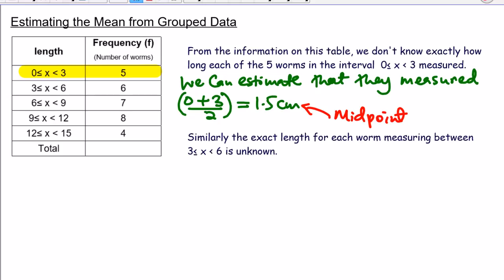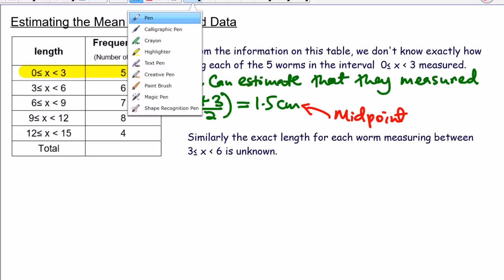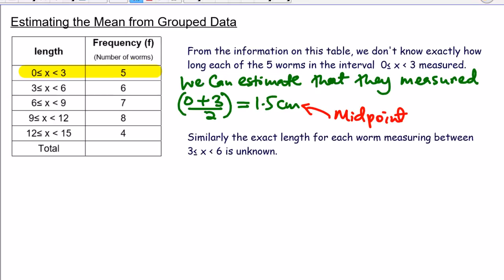Similarly, the exact length for each of the worms measuring between 3 to 6 centimeters is unknown. We know that there are 6 worms, but we don't know the length of each of these worms. So what we can do is try to find an estimate of the length of these worms.